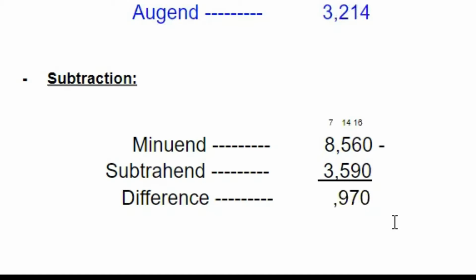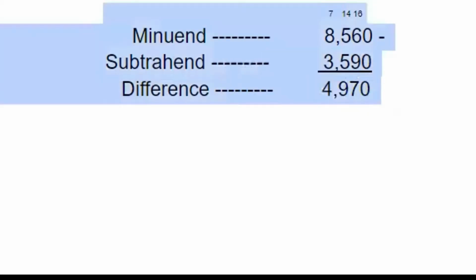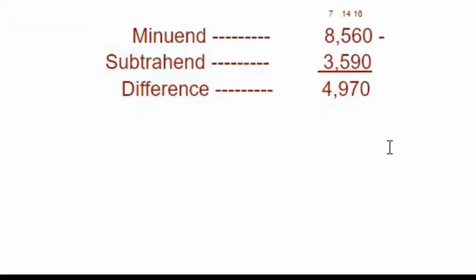And we have left just the thousands place. 7 minus 3. In this case we can do it. So 7 minus 3 equals 4. Yes or no? So in this example, the difference, let me color it to make it clearer, is 4,970.